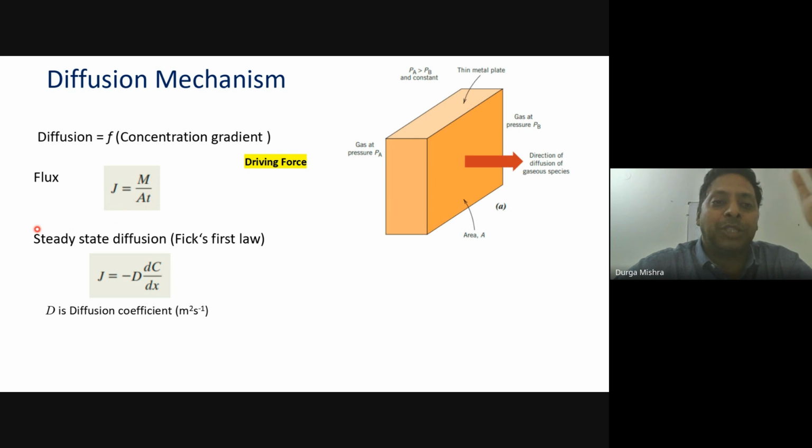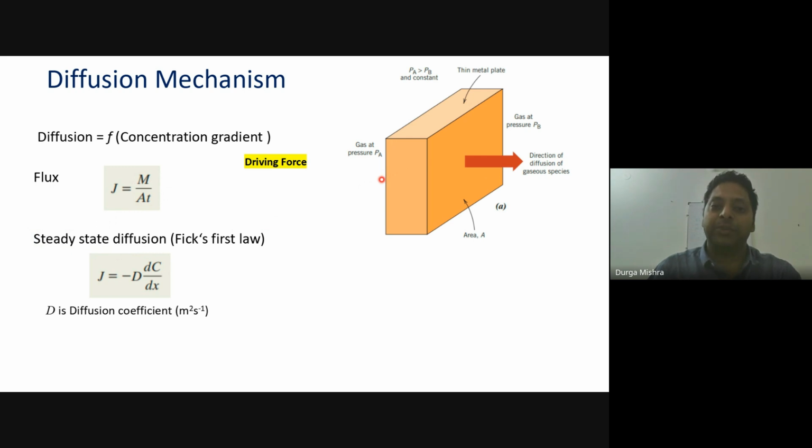Before going into the actual thing, we have some amount of gas molecules on the A side which are diffusing through the metal and reaching side B. In this process, we will eventually have a situation which we call a steady state.